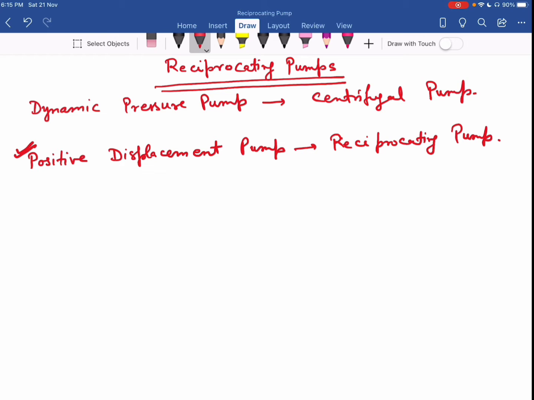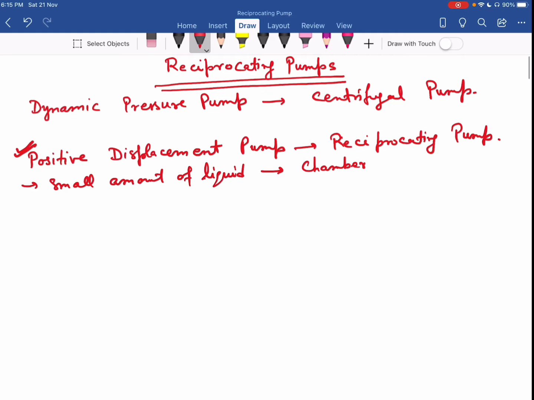So you can say in this reciprocating pump, a small amount of liquid is taken into a chamber, and from that chamber it is pushed forward with the help of some mechanical element.